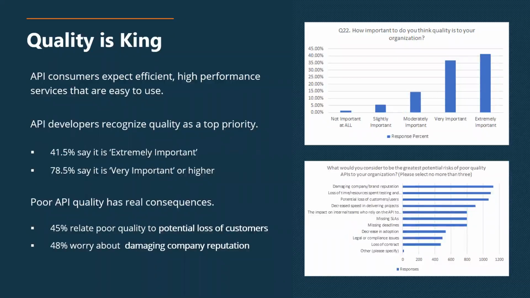Those two pieces alone are what's driving a lot of the standardization and increase in quality within these APIs. The loss of customers and damaging a company's reputation could have a huge impact on the organization, on revenue, and on future revenue, especially if the reputation is damaged.